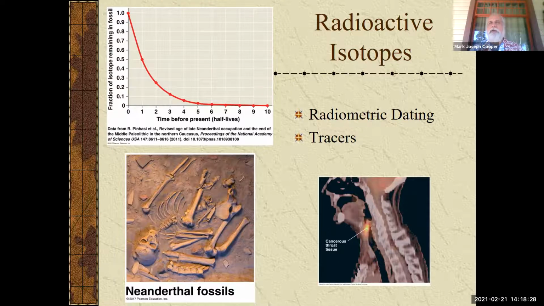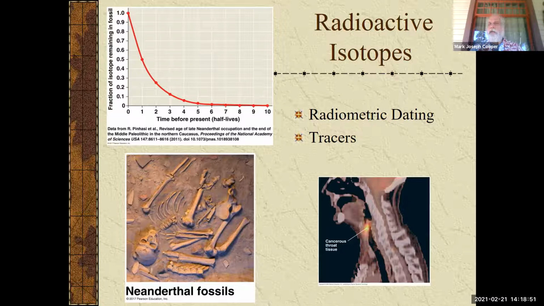Carbon dating is used to date earlier fossils. Carbon 12 is your typical isotope, but carbon 14 is radioactive, and it has a half-life. It degrades into carbon 12 over a period of time. That half-life is known as 5,640 years.